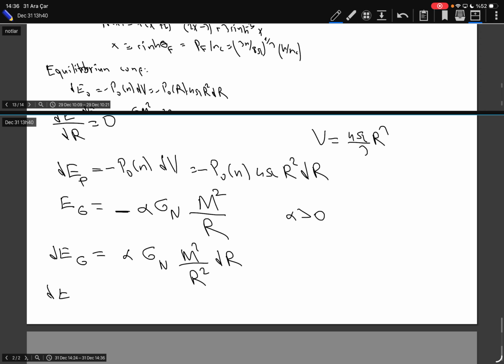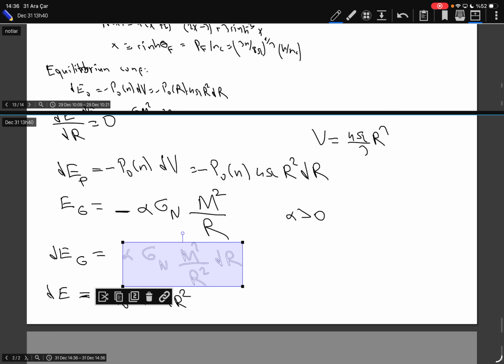The total change in the energy, there will be a change due to the pressure given by that expression, minus P0 and 4 pi r squared. And there is also an increase in the energy due to the gravitational attraction.